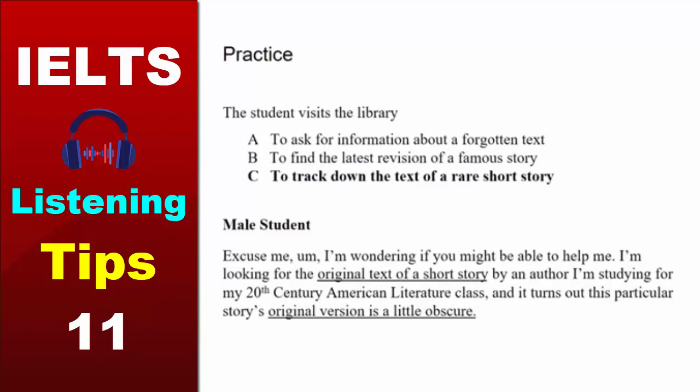So already we're getting support for answer choice C. So B is clearly not right, but A could still work at this point because in A we're talking about a forgotten text. Well, obscure and forgotten are a little different from each other, but you could still make an argument that A is correct at this point.